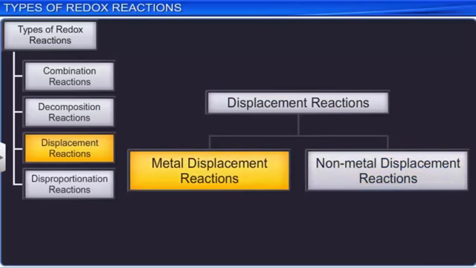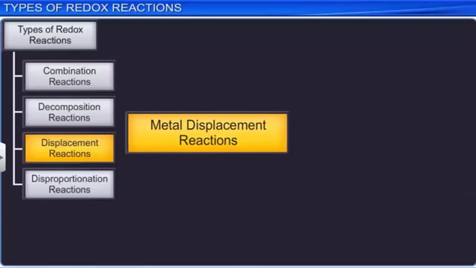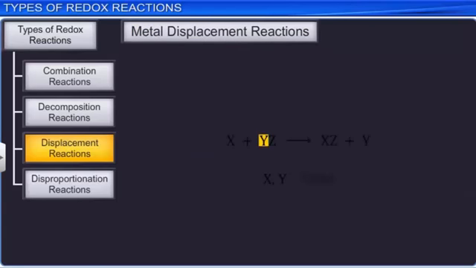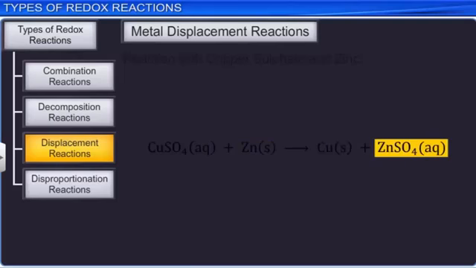In a metal displacement reaction, the metal in a compound is displaced by some other metal in the elemental state. For example, in this reaction, copper sulfate reacts with zinc to form copper and zinc sulfate. This is a displacement reaction because copper has been displaced by zinc.